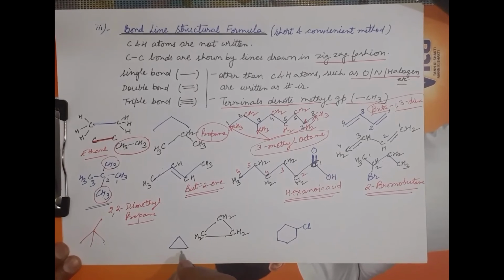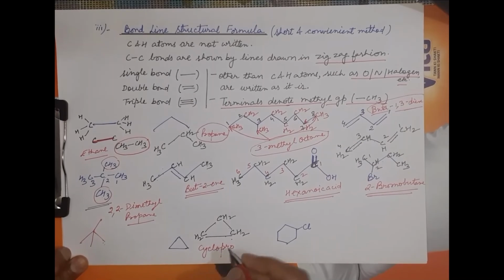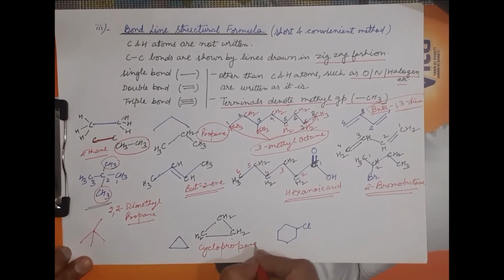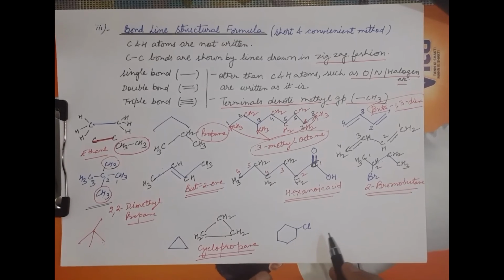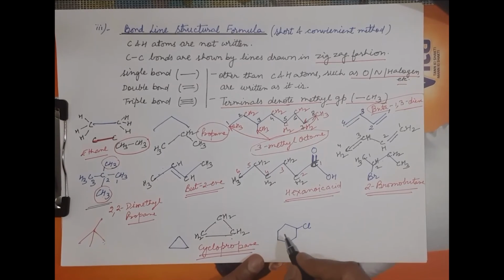So for this bond line formula, we can write this structure and the name will be cyclopropane. So this is cyclopropane.